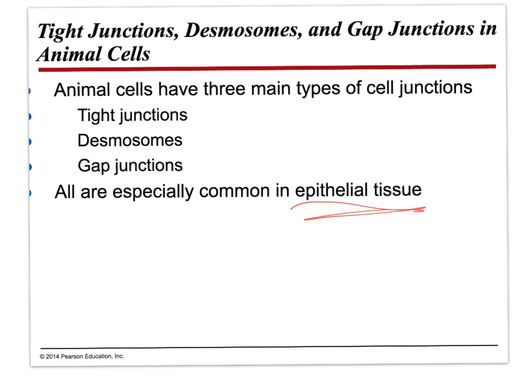They provide a barrier between outside and inside. Think about your skin as your stereotypical epithelial tissue. It protects you from the outside, keeps water in, keeps all the other stuff you have inside your body in, and everything else that you don't want out.